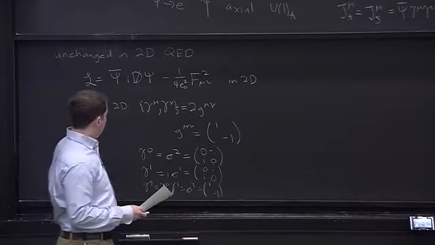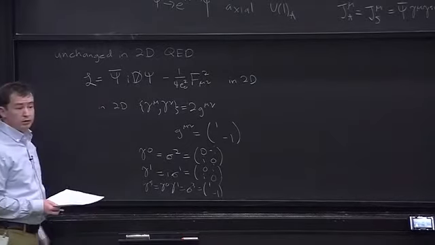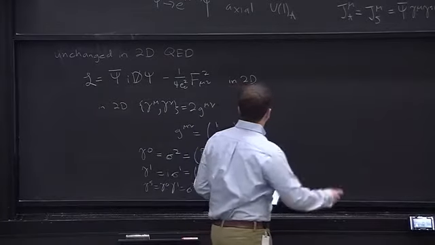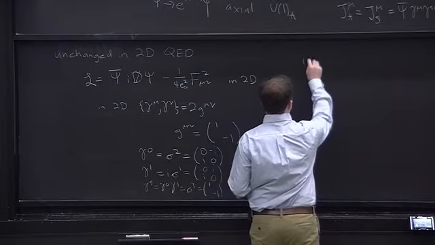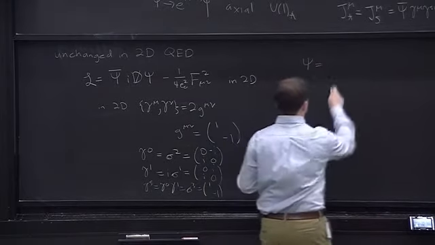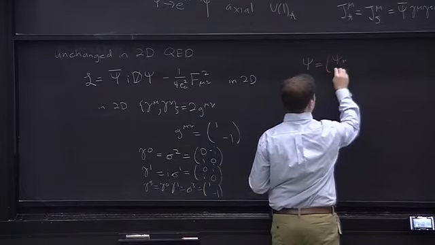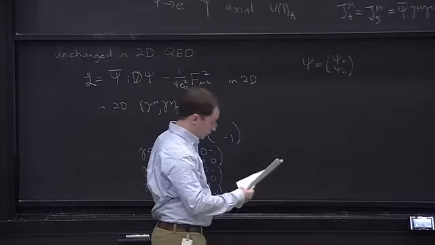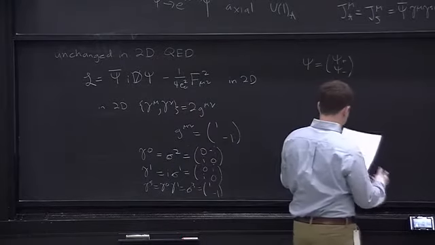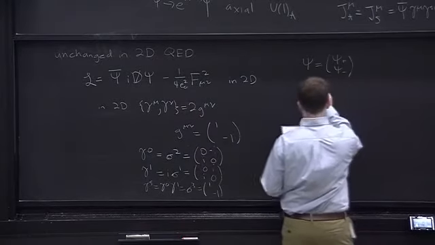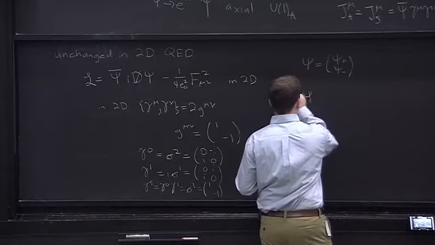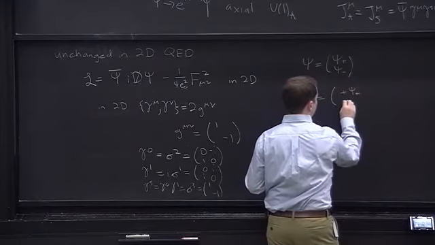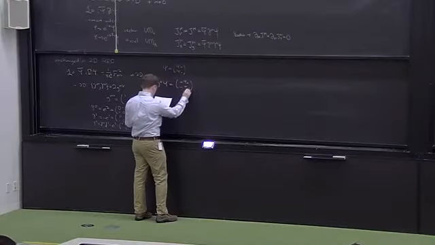So with this basis for the gamma matrices, we can break up psi into positive and negative parity parts. So gamma 5 psi is just plus psi plus, minus psi minus.